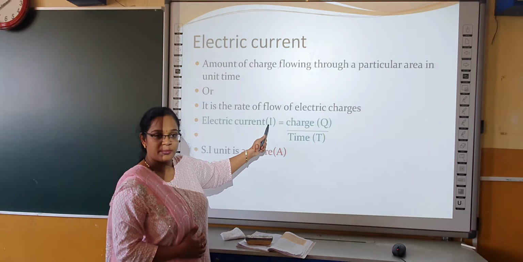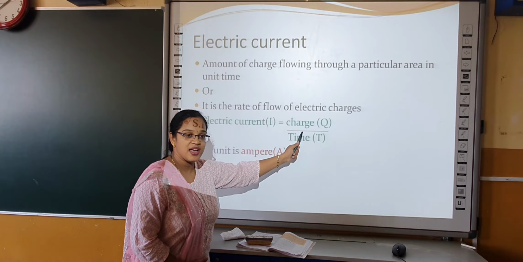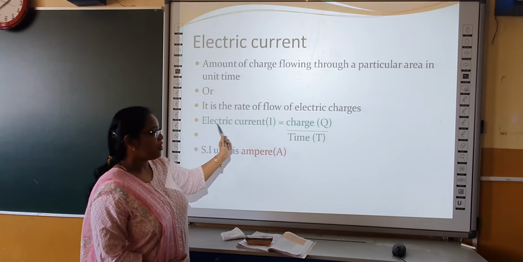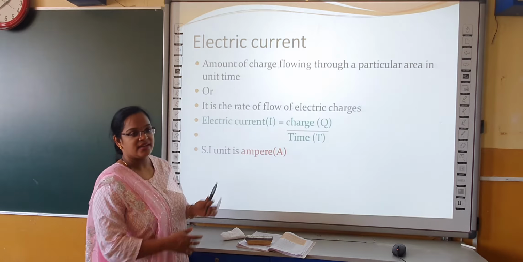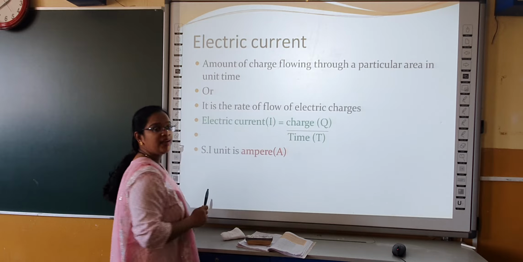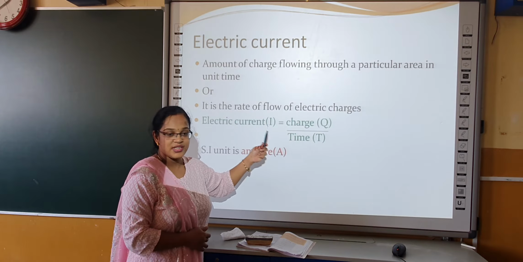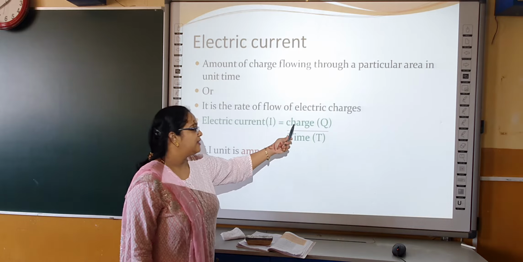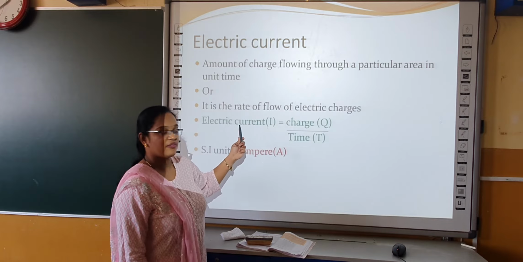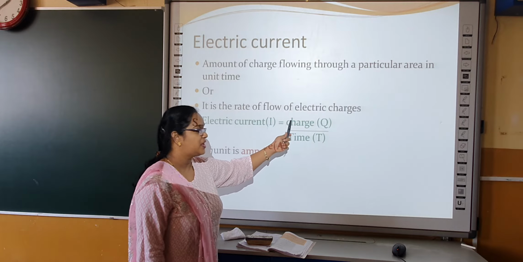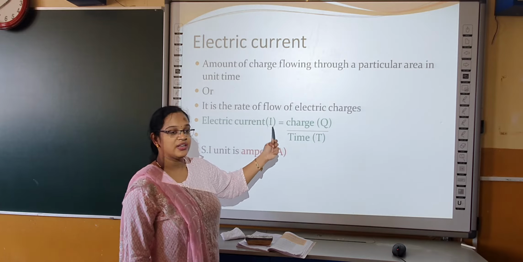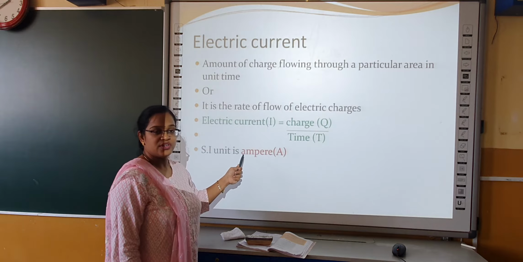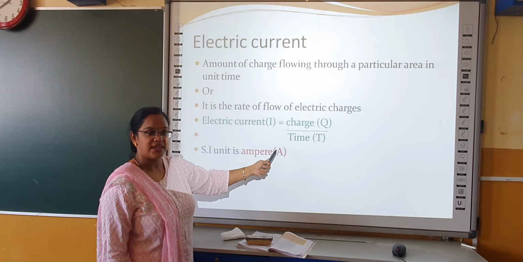Electric current is denoted by I equals charge Q divided by time T. That is the formula to find electric current: I equals Q by T. There are three quantities here. If any two are given, you can find the other one. If charge and time are given, you can find current, or you can find time. And the SI unit of current is ampere, denoted by capital letter A.